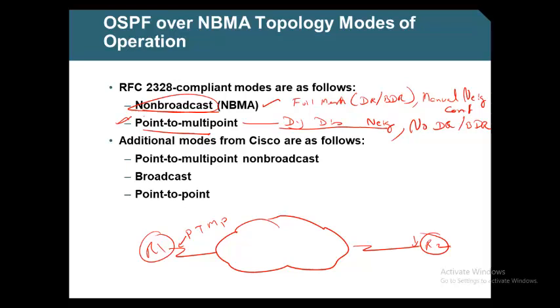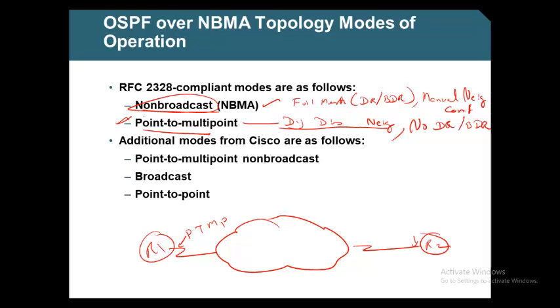Full mesh is mandate for the first one. For the second one, it is not. For the first one, you need to know the neighbor because you're going to configure the neighbor manually. For the second one, neighbors are dynamically discovered, so no need to know about the neighbor. There is no DR-BDR election. This can be enabled in any topology.